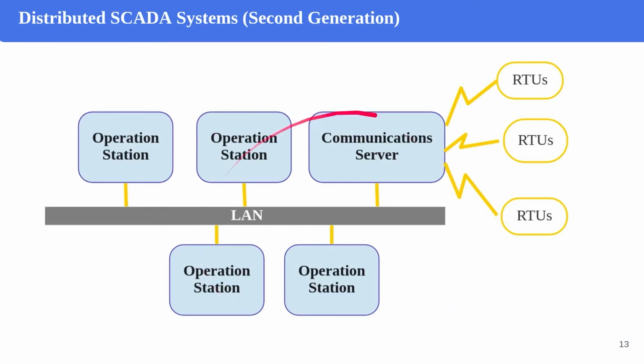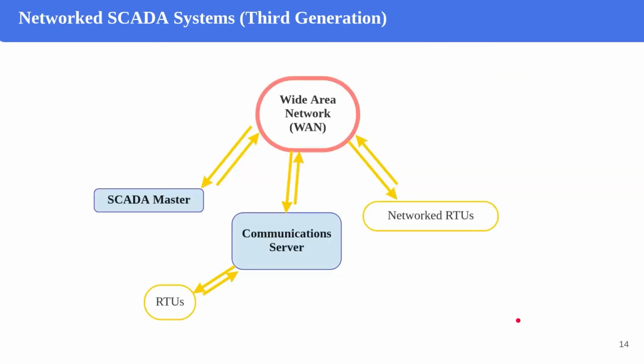In this type of system, the size and cost of each station are reduced, but there were no consistent network protocols here. And you see the data are collected using these RTUs here and sensors. The third generation, the networking and communication of SCADA system can be done using a wide area network WAN system through data lines or phones.